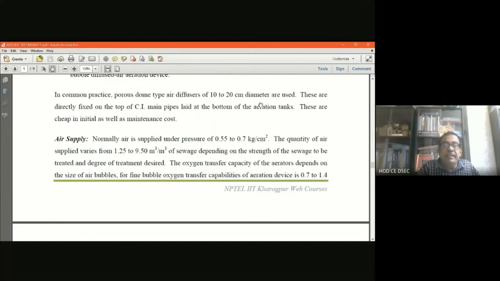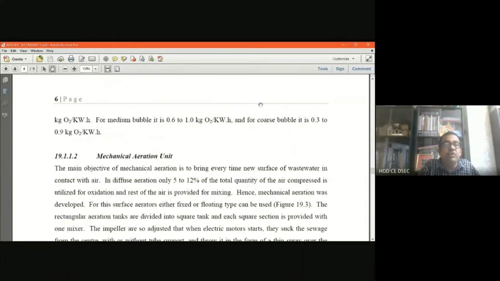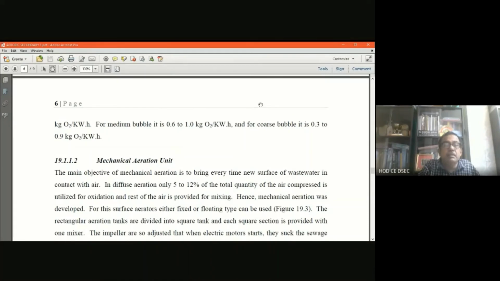It is maintained. Now the oxygen transfer capacity of the aerators depends on the size of the air bubbles. For fine bubble, oxygen transfer capacity of aeration is 0.7 to 1.4 kg O2 per kilowatt hour. For medium bubble, 0.6 to 1 kg O2 per kilowatt hour. For coarse bubble, 0.3 to 0.9 kg O2 per kilowatt hour.